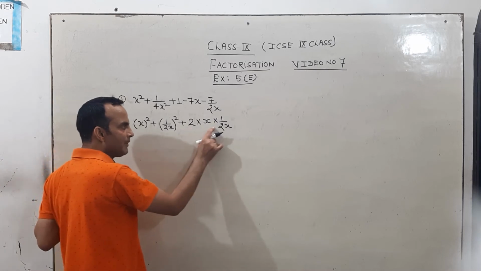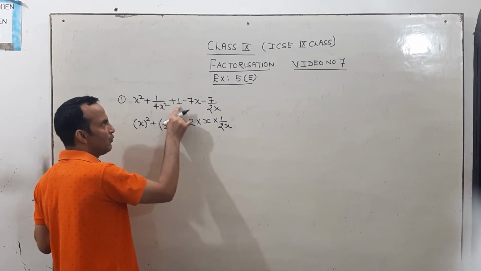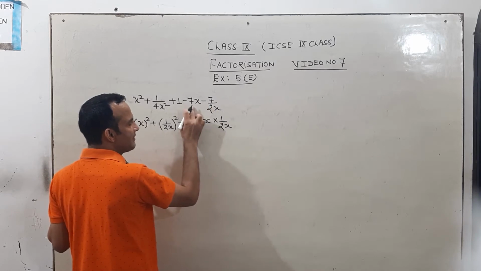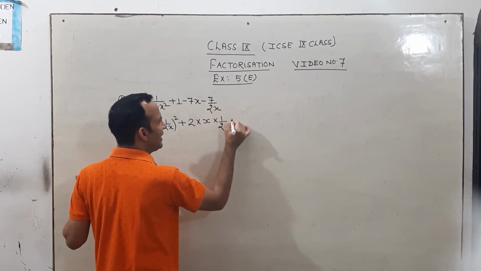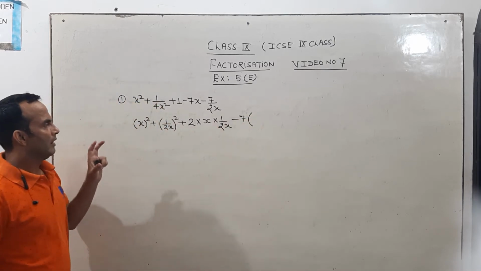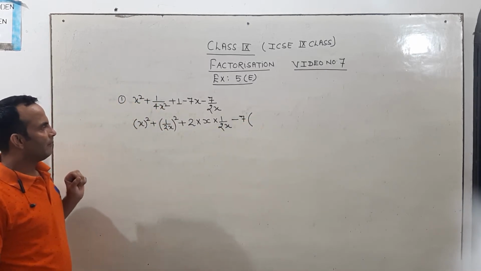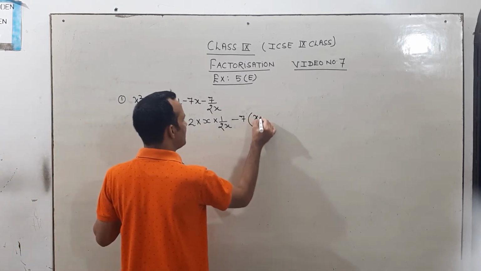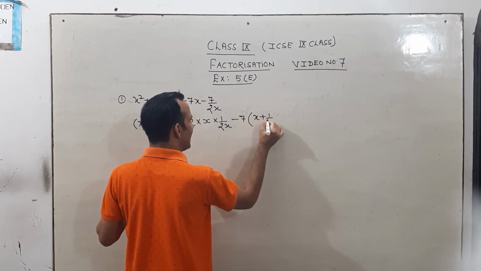If we simplify this expression, we obtain 1. Okay. Now from this expression minus 7x minus 7 upon 2x, we can take common minus 7. On taking minus 7 common, we obtain x plus 1 upon 2x.